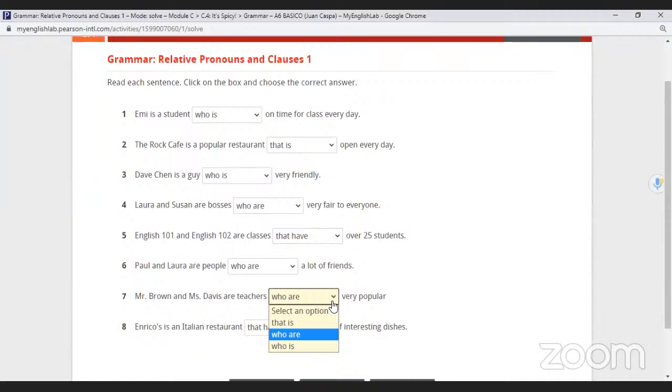Mr. Brown and Miss Davis are teachers. Plural. What is the answer? Who are. Okay.